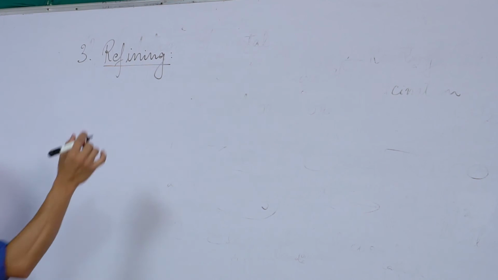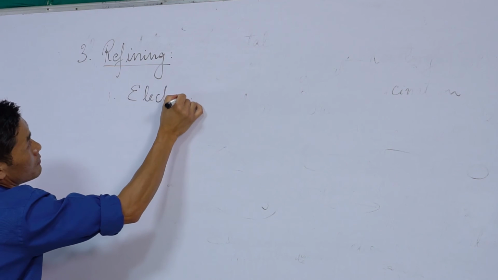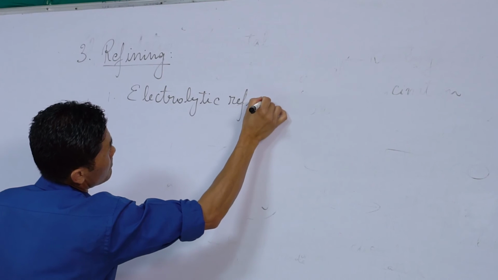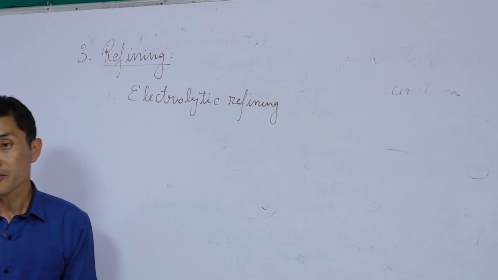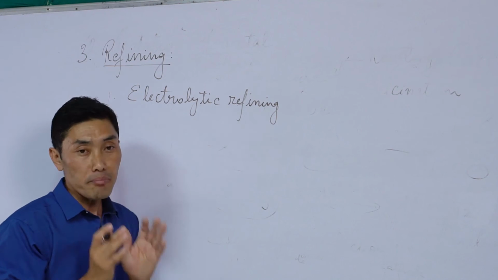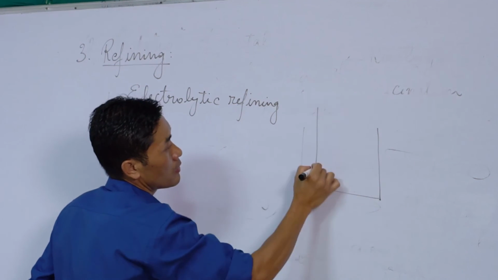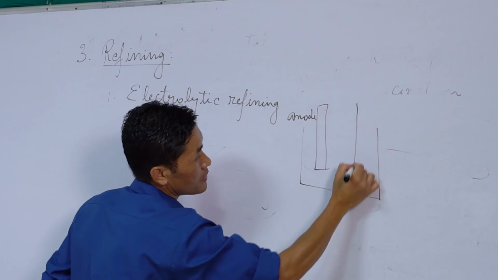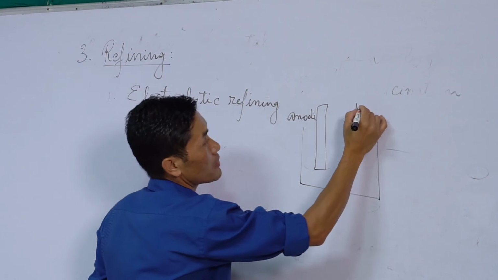The first one is electrolytic refining. In electrolytic refining, the impure metal is made the anode, and a very thin piece of the pure metal is made the cathode.